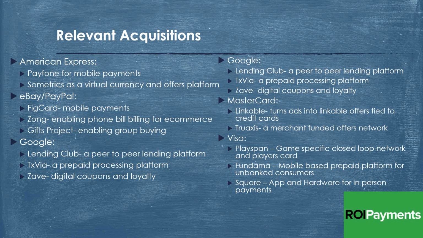Google as well has made significant investments in the peer-to-peer space, into the prepaid space. The Google Wallet, as I'm sure a number of you have heard about, but I would dare to say very few of you have actually used, is going to be an alternative payment scheme that we should look out for in the coming months and years.